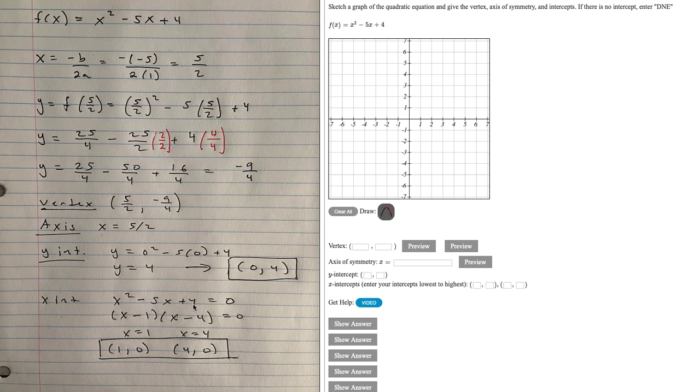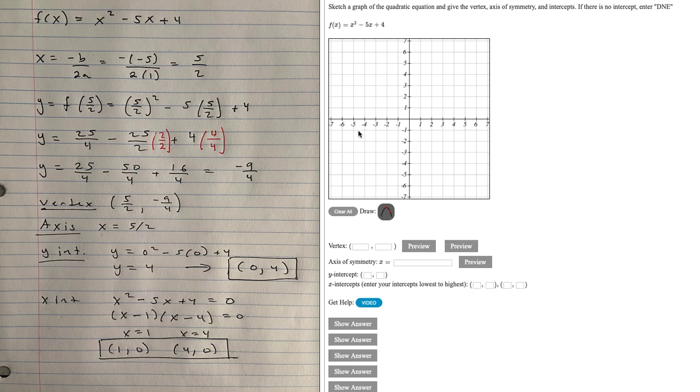It could be that you have to do the quadratic formula there, and then you get a couple of really ugly intercepts, but in this case we just needed two numbers that multiplied to 4 and added to be negative 5. So negative 1, negative 4 for the factors. And then remember, zeros have the opposite sign of the factors because what would make the zero is positive 1, likewise 4 here. And then beware this little thing here, enter your intercepts lowest to highest, so I want to make sure I had 1, 0 here and then 4, 0 here is what this is saying.